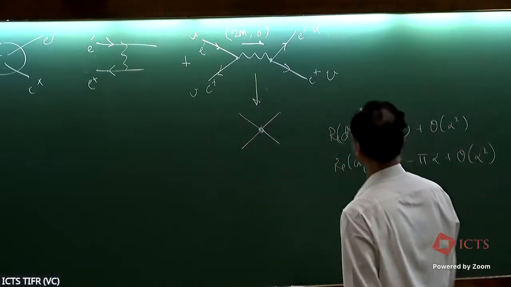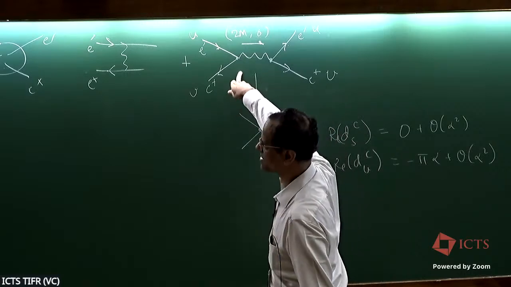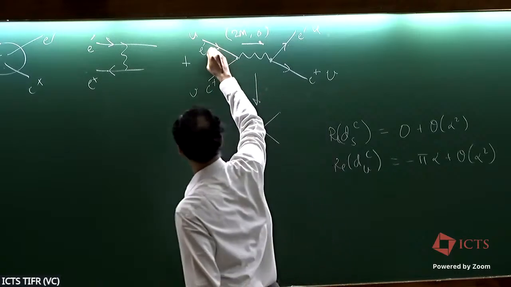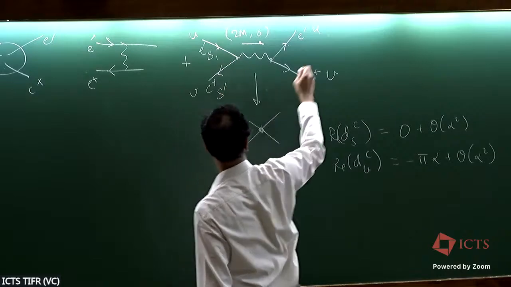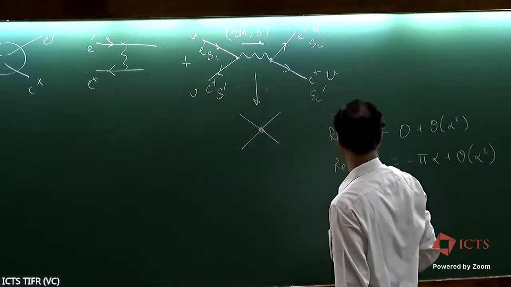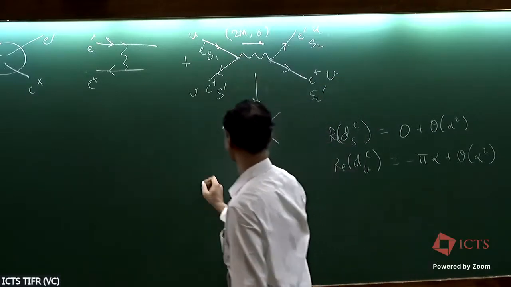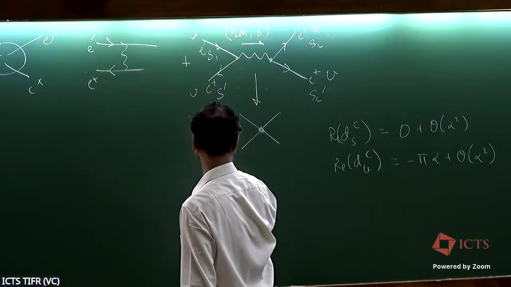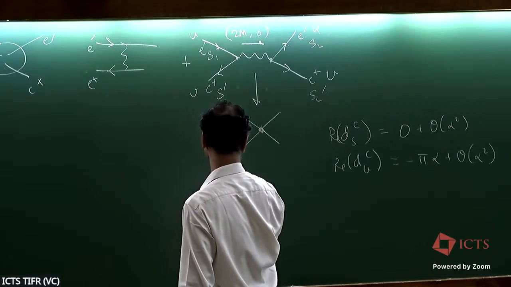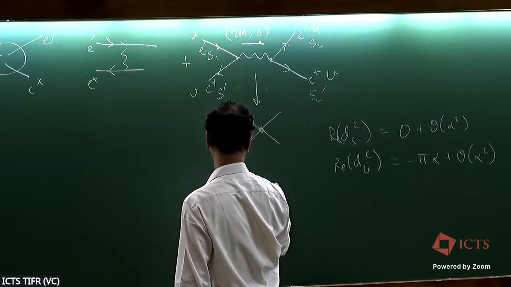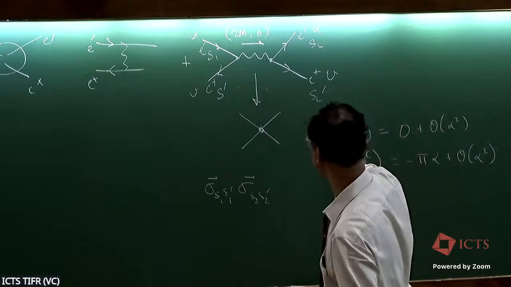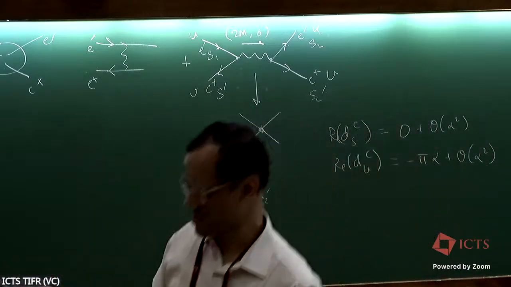And the key thing that comes out is that the spins, let's say S1 prime, S2, S2 prime, that come out here are in such a combination that this gives you sigma S1, S1 prime, sigma S2. Therefore, you get the contribution in the vector channel rather than in the scalar channel.